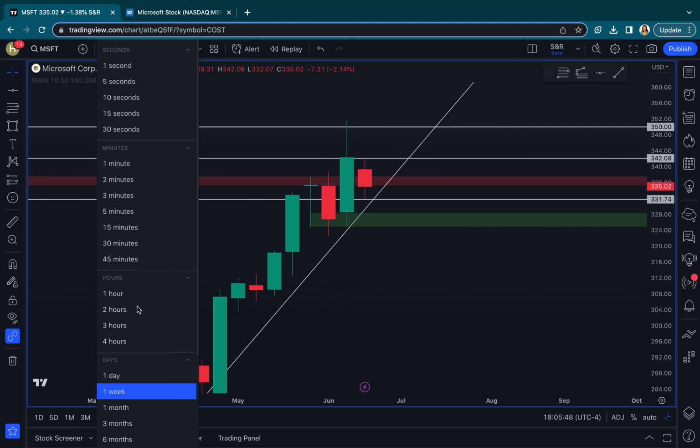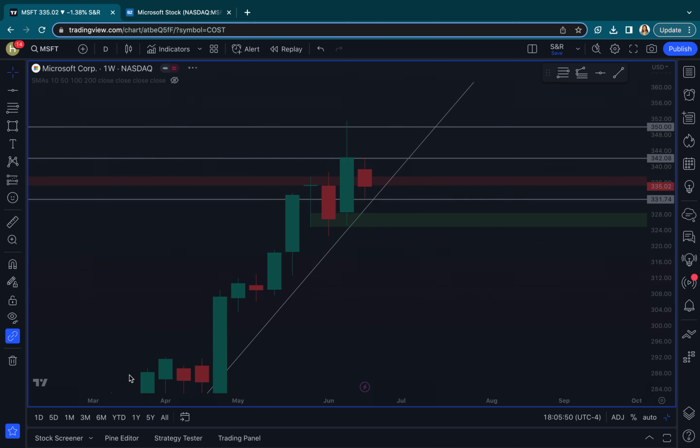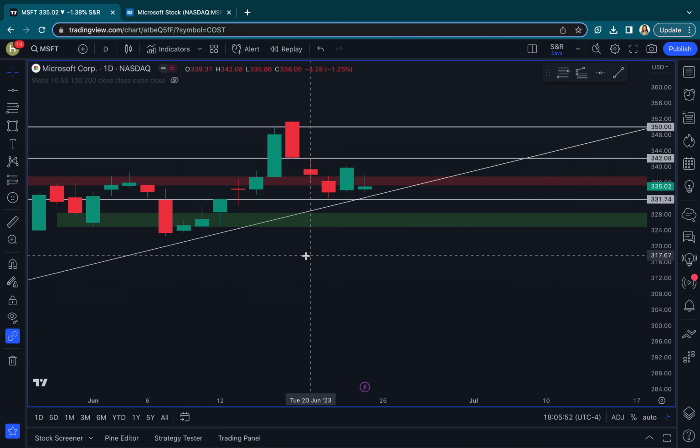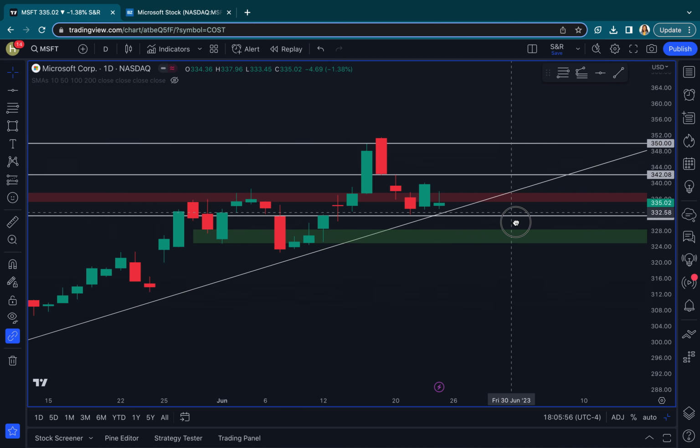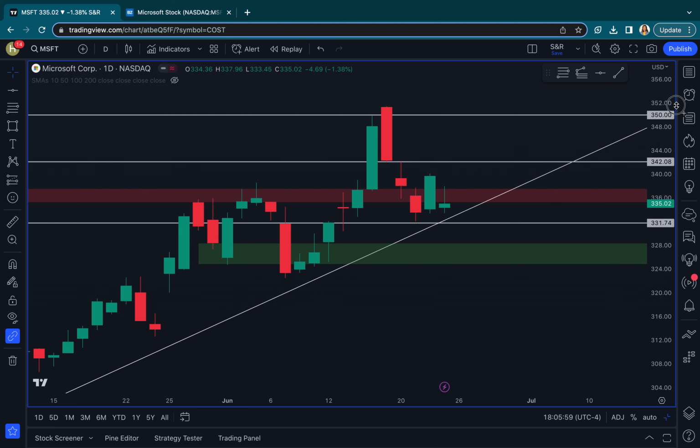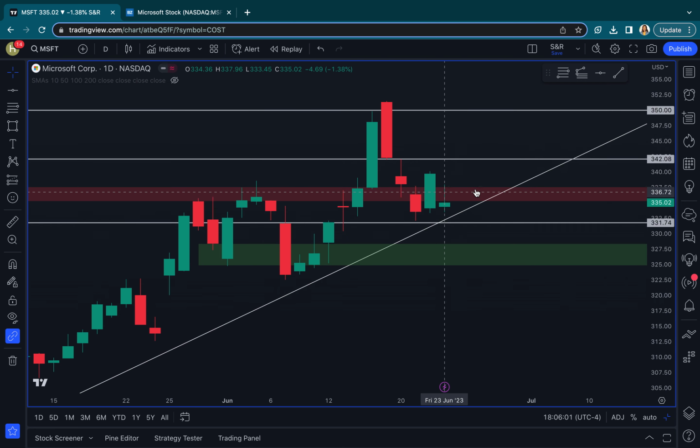I do want to move over to the daily. Just take a look there. So yeah, definitely still rejecting that level, but holding support pretty well, like right in here.